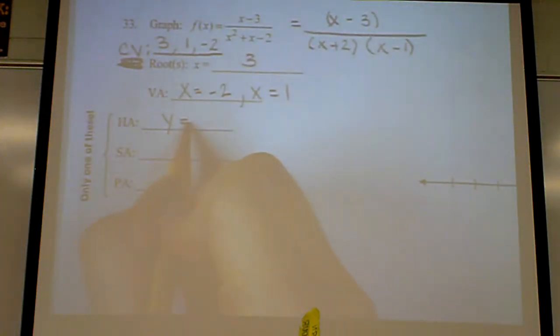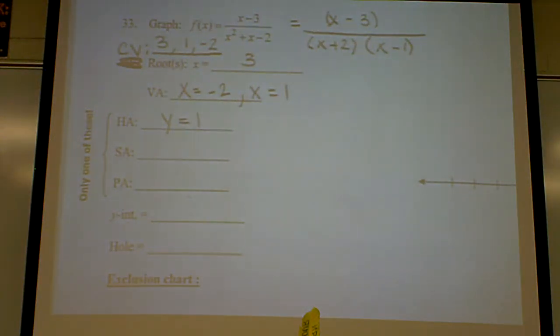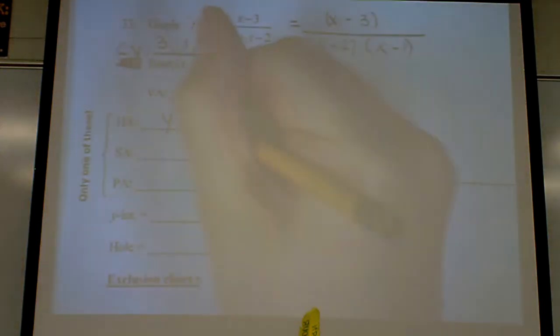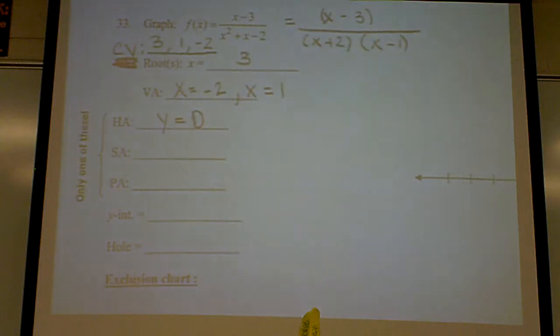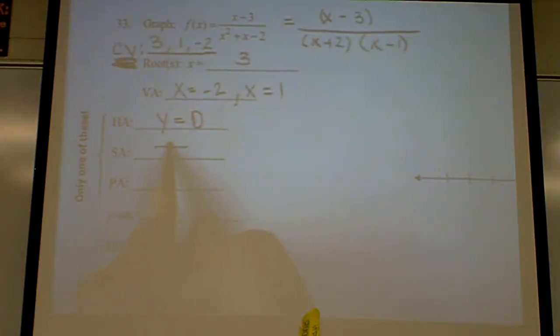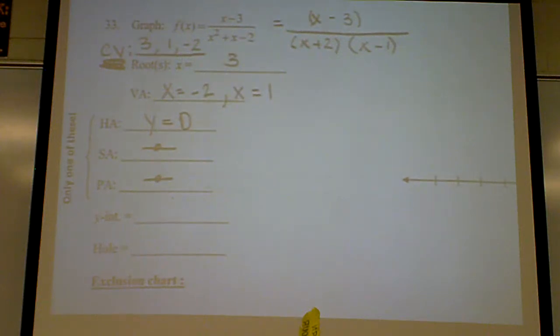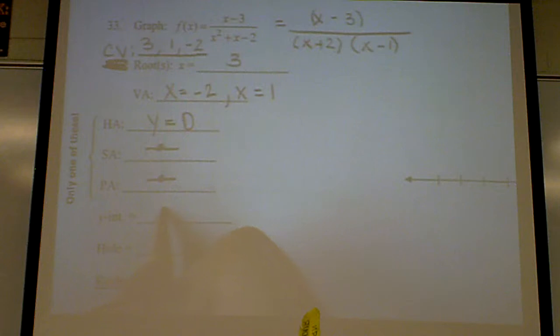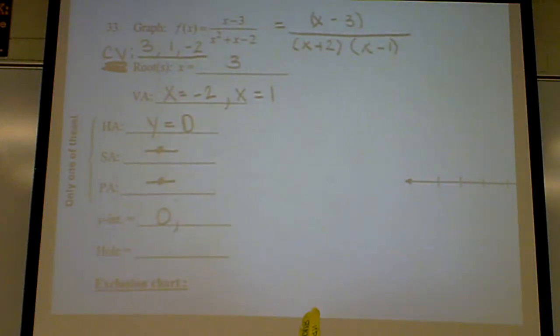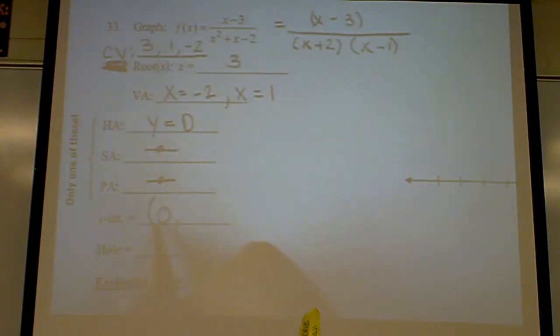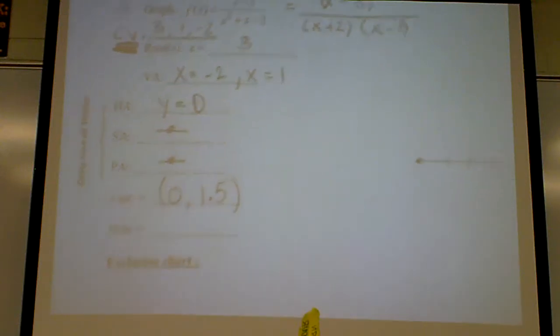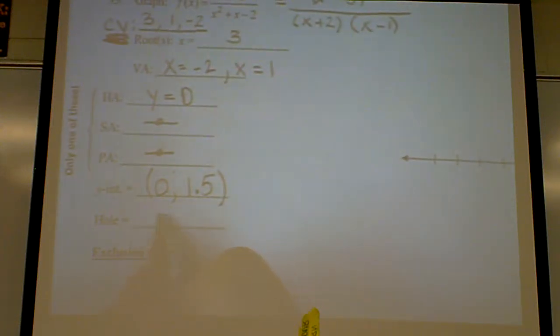And what would my y-intercept be? 0, 1.5. And there are no holes.